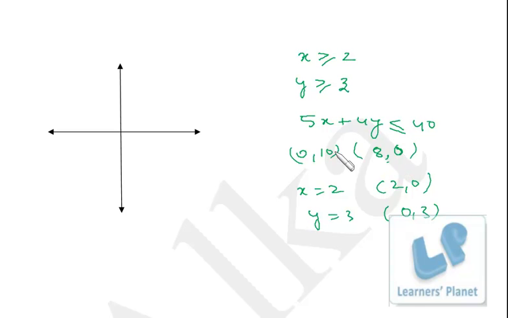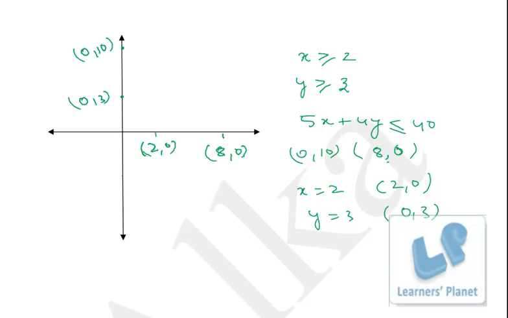So this line will pass through these 2 points, this line will pass through (2, 0), and this line will pass through (0, 3). I just make the lines bigger. Now I have marked all the points: (0, 10) and (8, 0) for this line, (0, 3) for this line, and (2, 0) for this line.